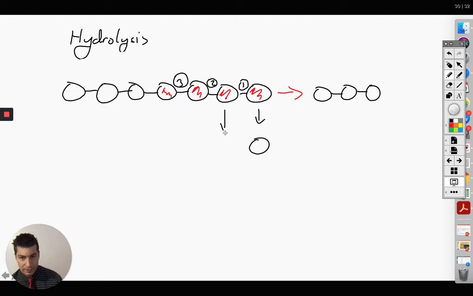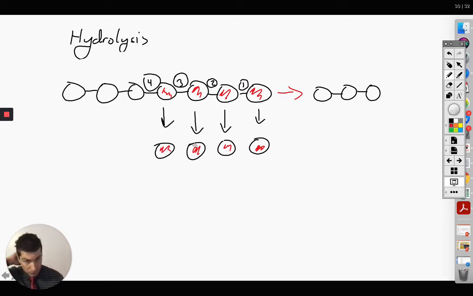He's broken off. If I break bond 2, there's our monomer. If I break bond 3, there's our monomer. Okay, so I have my 3 monomers here. So I broke 3 bonds. I have to break 1 more. I have to break this bond here, number 4, in order to get my last monomer off.